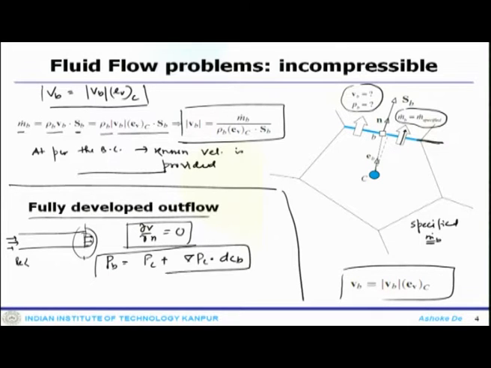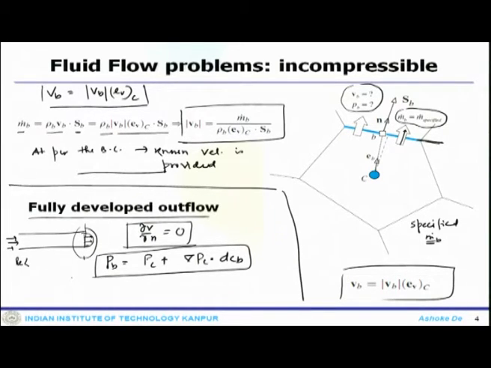So, the pressure at that boundary can be calculated like that. So, velocity will be treated as known and the coefficients of the momentum equations will be modified according to the known velocity condition.